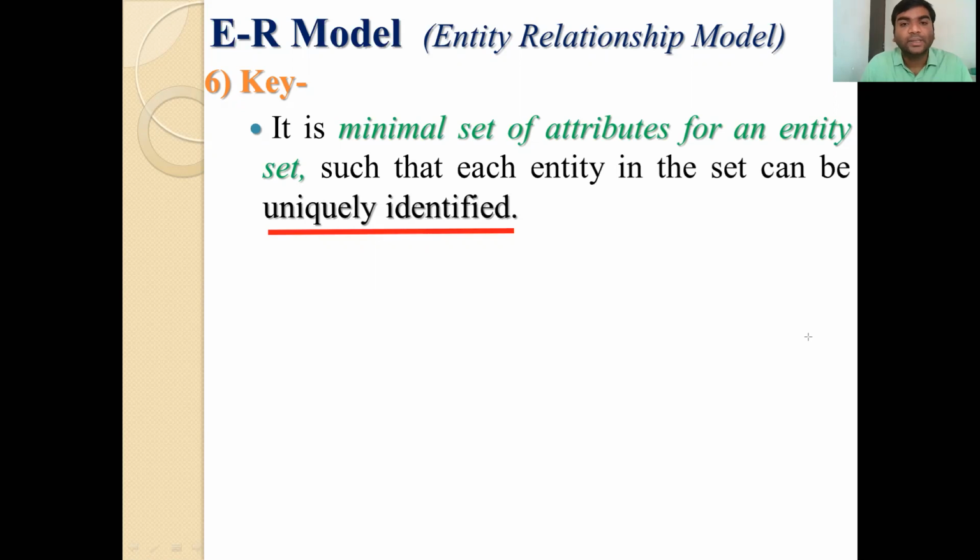Now consider another example, student. Student is an entity. So what is the uniqueness in student? There are a number of students present in one college. So how can we identify the student? The university provides a separate identification number to each student, known as the enrollment number or PRN number.